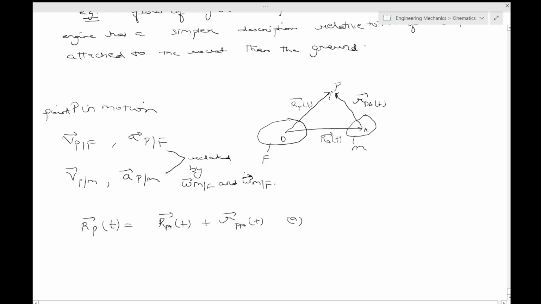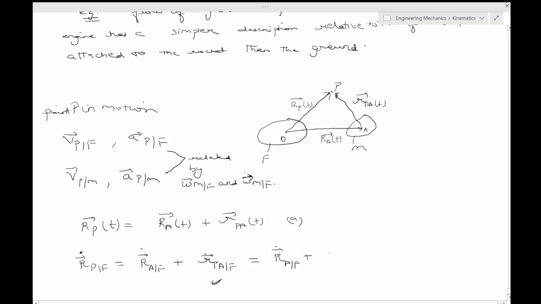Now we take a time derivative with respect to the F frame, so we will write R dot P with respect to F is equal to R dot A with respect to F plus R dot PA with respect to F. Okay, now the second term can be written in terms of R dot PA. Remember, there was a relationship, a constant vector in M can be written how?